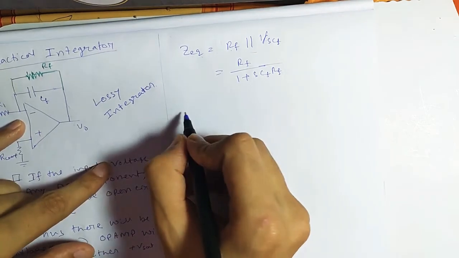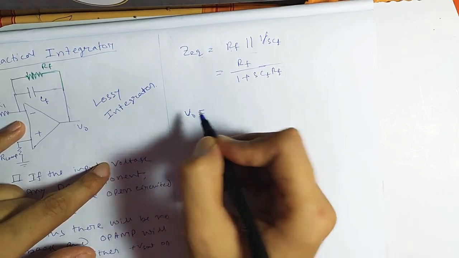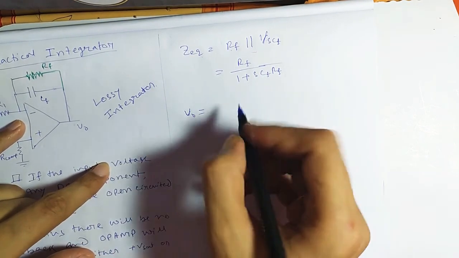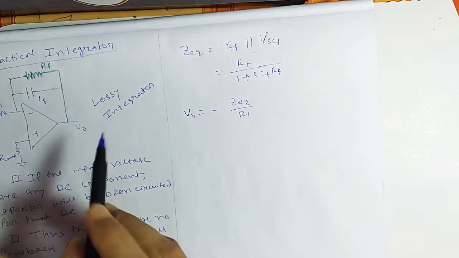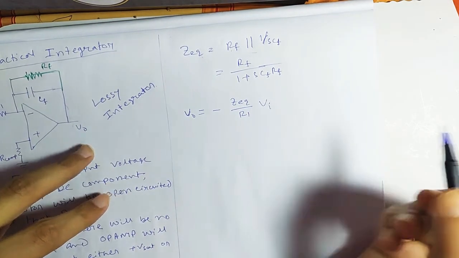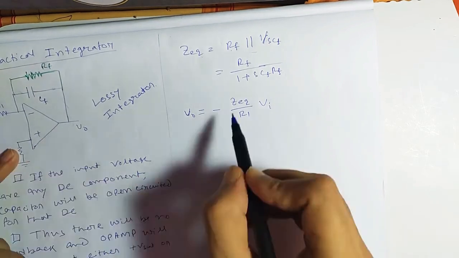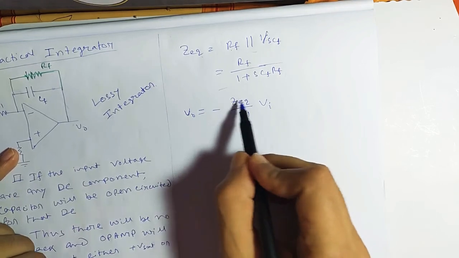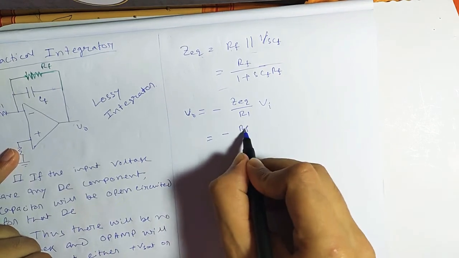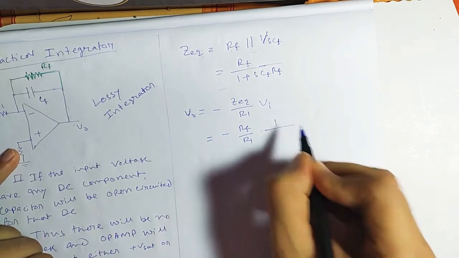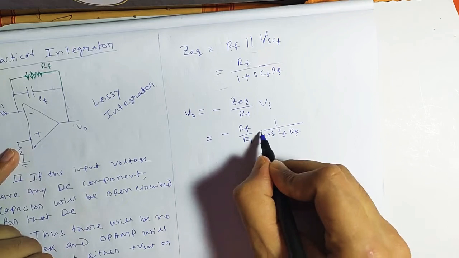Now the output potential, so V0 is represented in the Laplace domain. Output can be represented by minus ZEQ by R1 into Vi. So output is minus RF by R1 into Vi, where RF is replaced here by ZEQ. It will equal minus RF by R1 into 1 by 1 plus SCF RF into Vi.